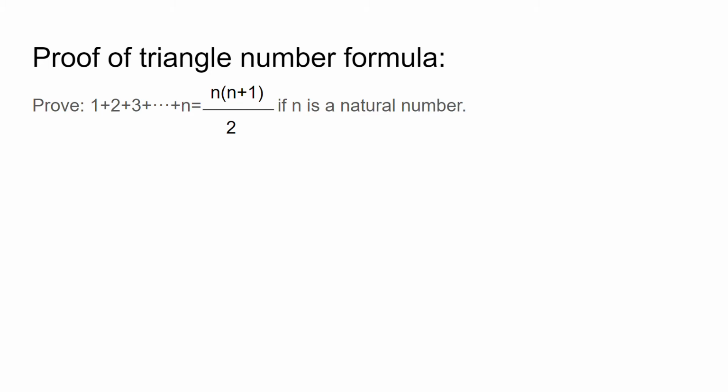And we're trying to prove that that number is equal to n times n plus 1 all over 2, as long as n is a natural number. For the base step, let's replace n with 1, and we can see that 1 equals 1 times 1 plus 1 over 2.